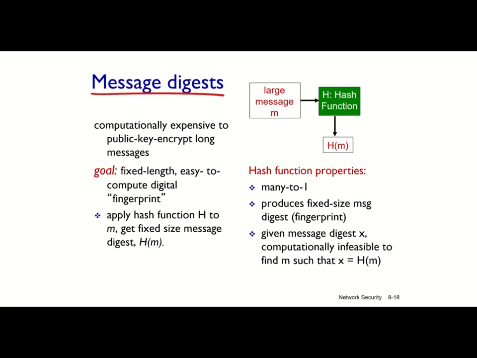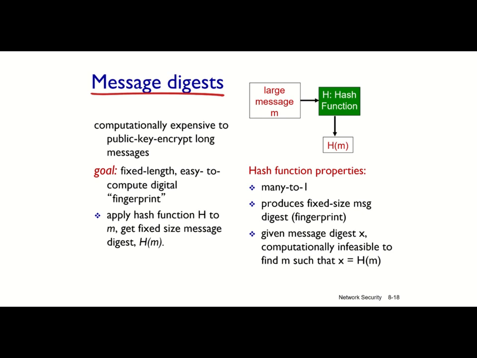Because if it's computationally expensive and you do it all the time, it makes the whole process of internet communication very inefficient. An idea to decrease the computational complexity of encrypting is to make the messages smaller by hashing them.